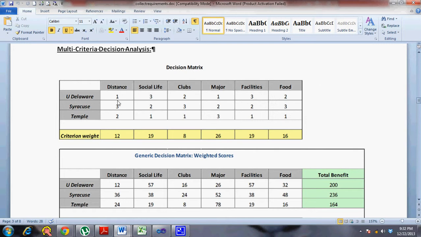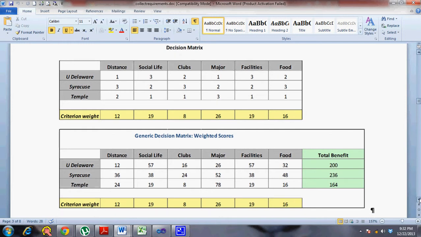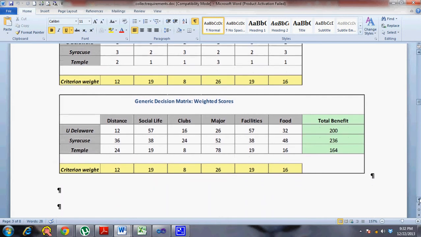Then you give a rank or number to each of them, and then you have weightage added. The weightage is given at the bottom, so you multiply your weightage and the score given for each of the criteria. Then you have a total benefit. Based on this benefit, you decide which is the better option. So multi-criteria decision analysis is also a ranking system, but it has weightage involved.